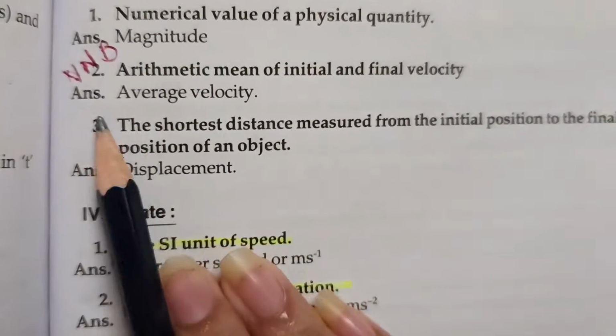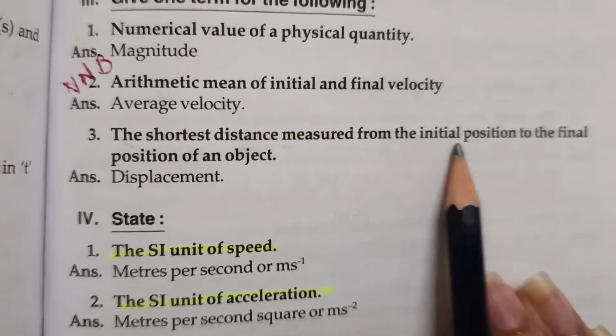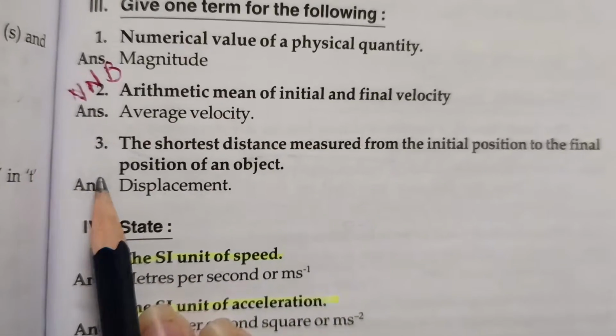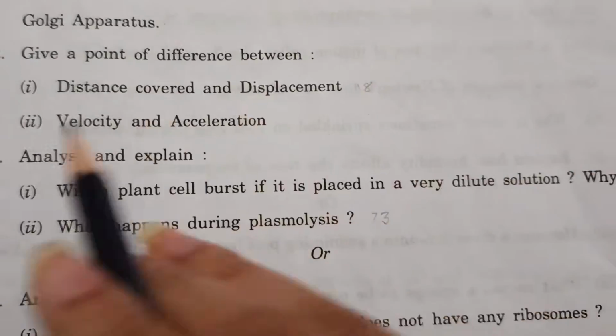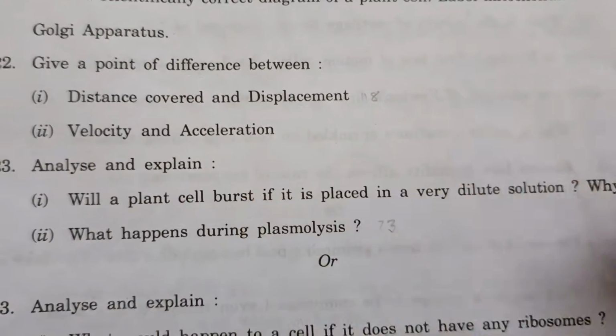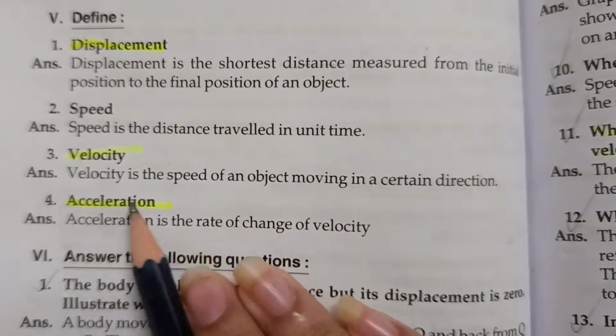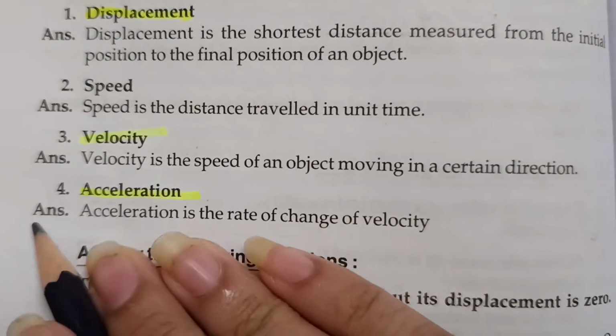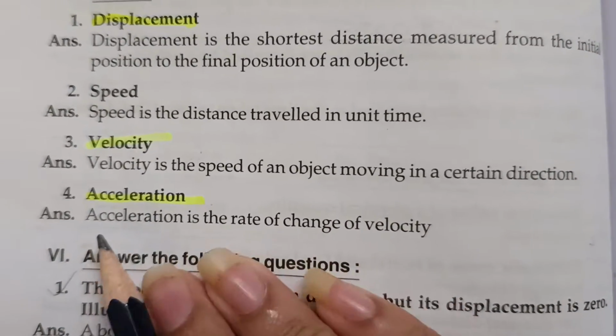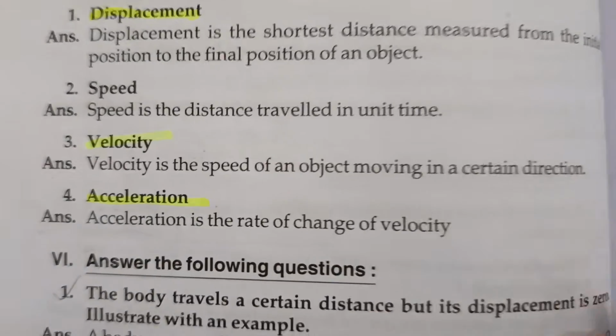What is displacement? The shortest distance measured from the initial position to the final position of an object is called as displacement. Second one is velocity and acceleration. Velocity is the speed of an object moving in a certain direction. Acceleration is the rate of change of velocity.